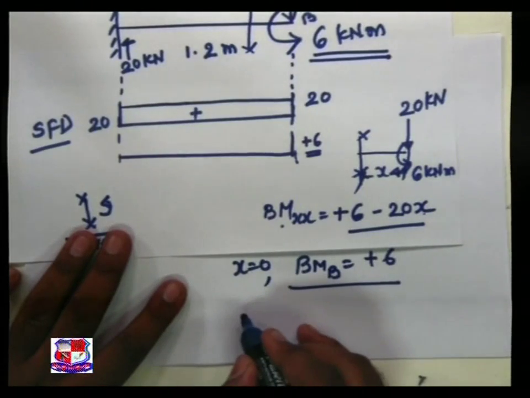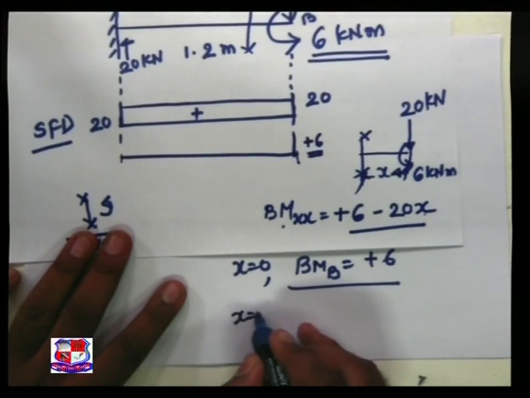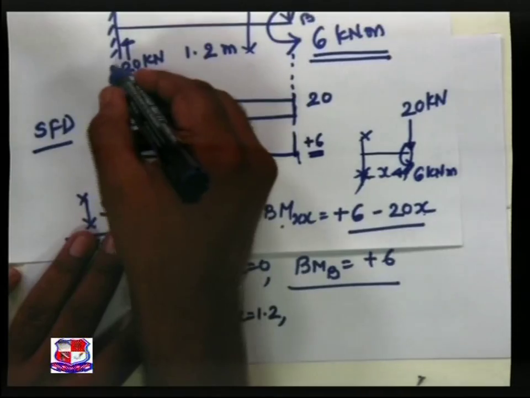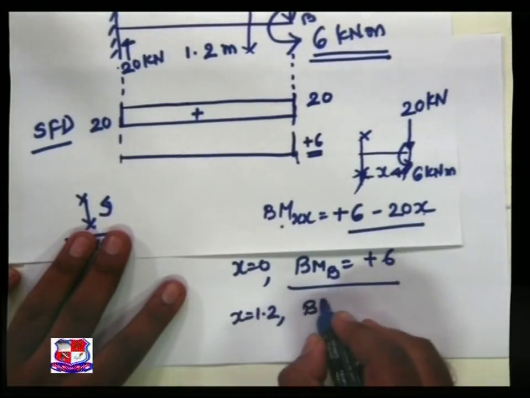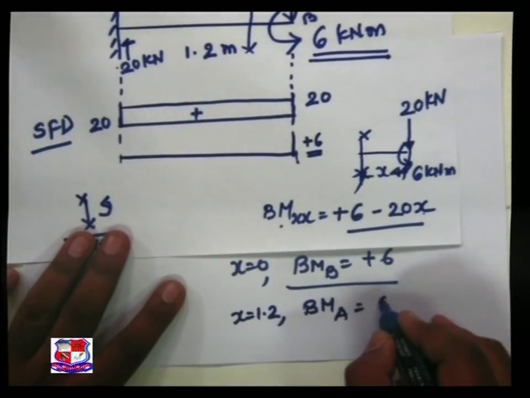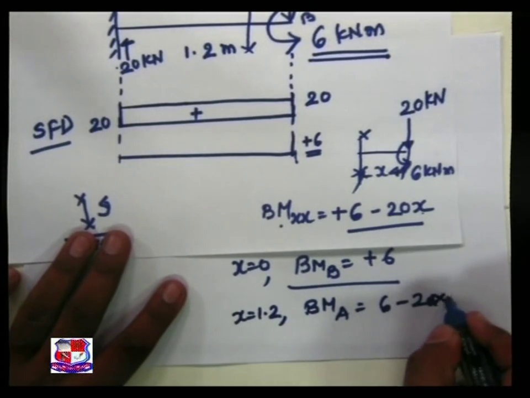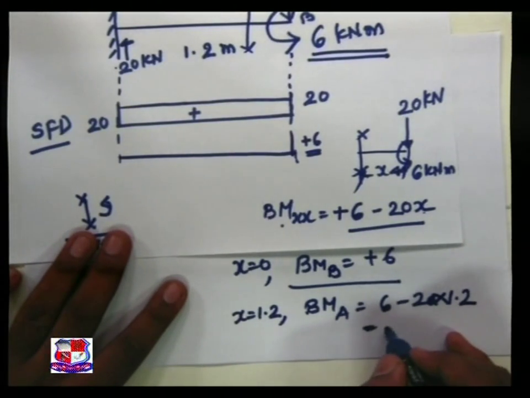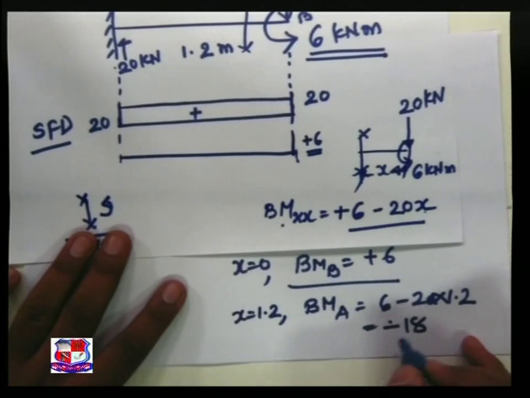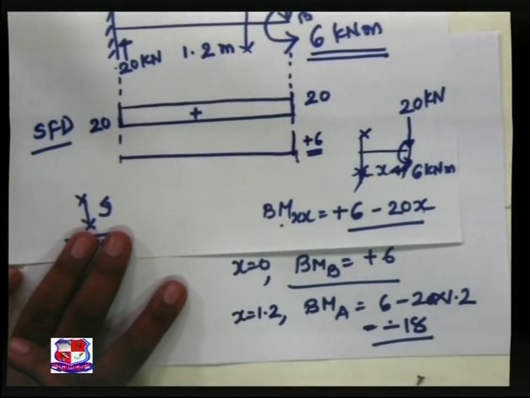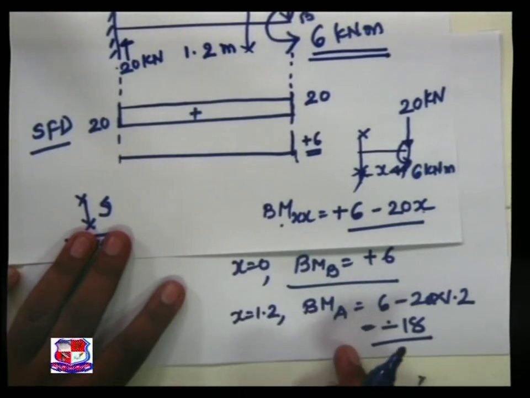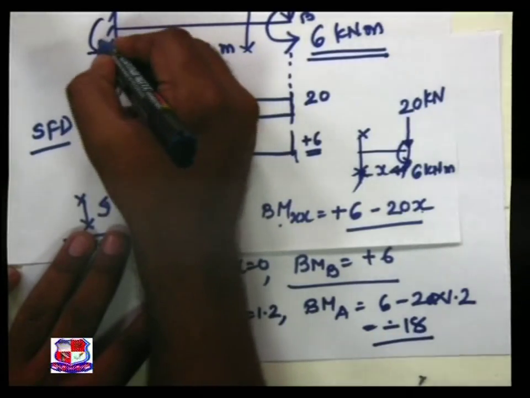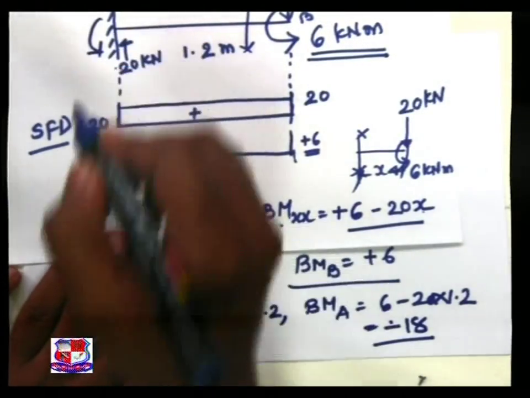Now if we go for x is equal to 1.2 directly over here at A, the bending moment at A is equal to 6 minus 20 into 1.2, that is equal to minus 18. This is nothing but the bending moment that we found over here in the reaction steps.